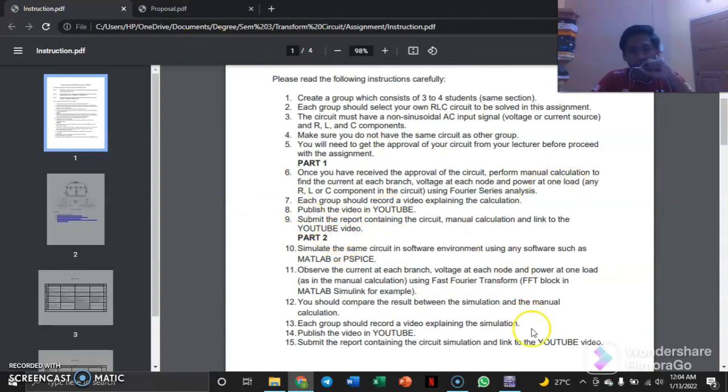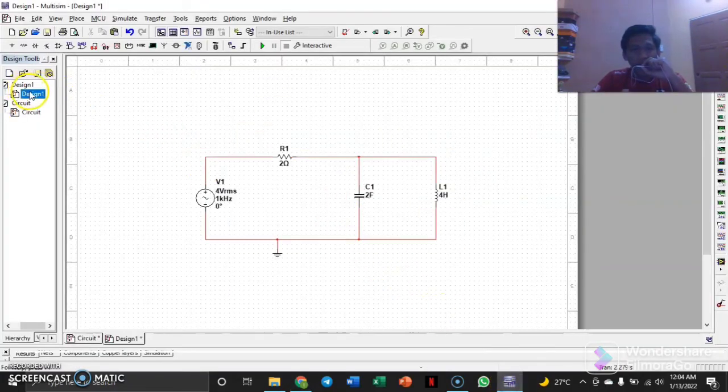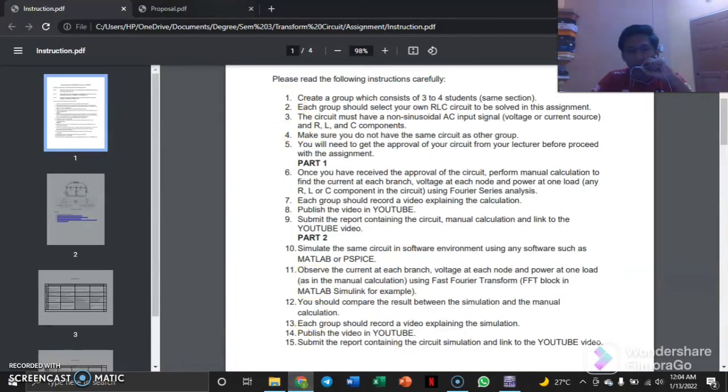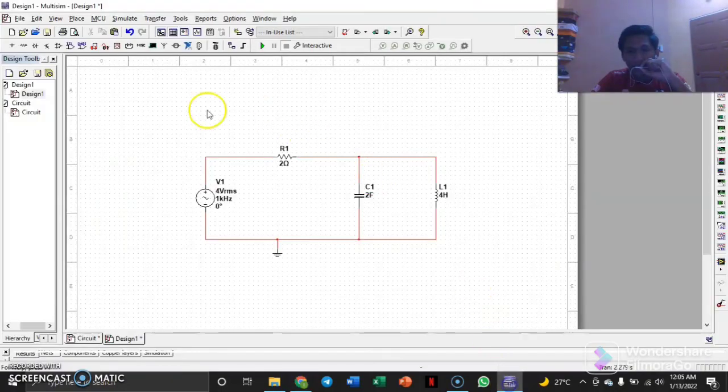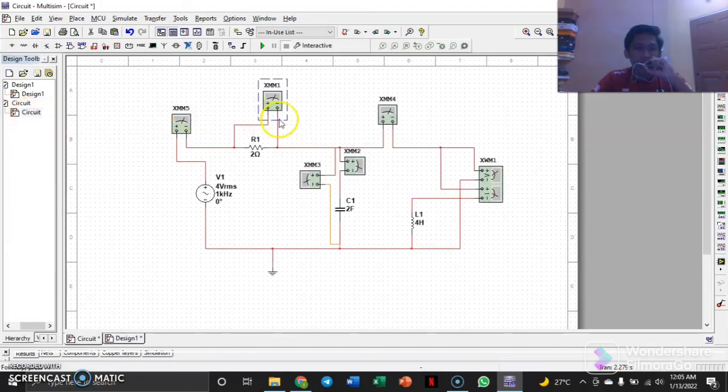Okay, so by using Multisim software, we have designed by referring to our proposal. This is the basic circuit, and the complete circuit with the multimeter, all the 5 multimeters, and the one single wattmeter.